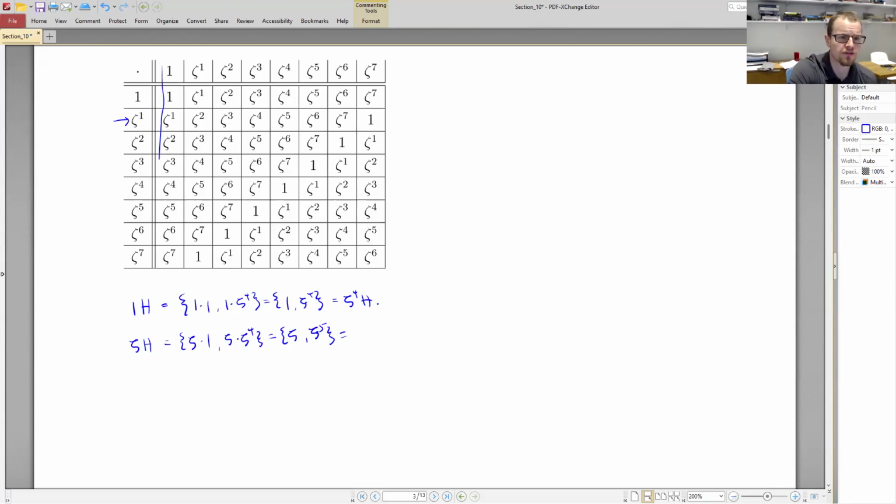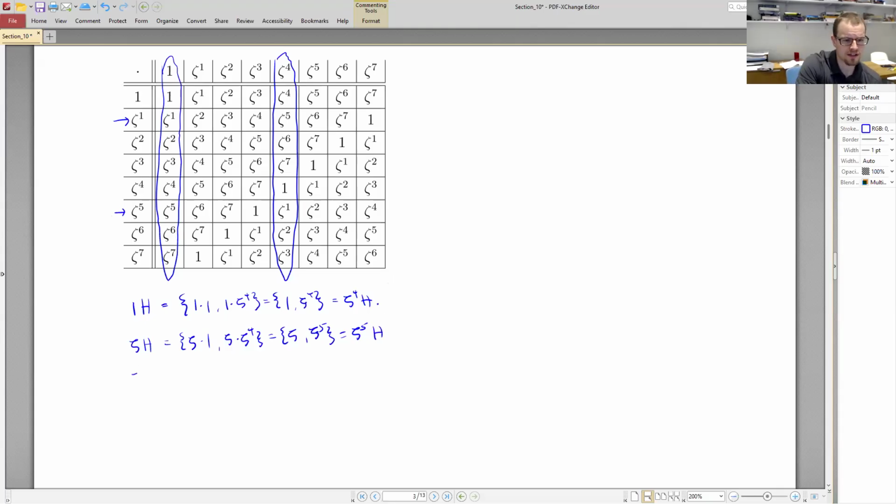If it's hard to follow along here, I'm just looking at these two columns, running through these elements: 1 times these two elements, zeta times these two elements. You'll notice that that's the same as multiplying by zeta to the fifth on the left.